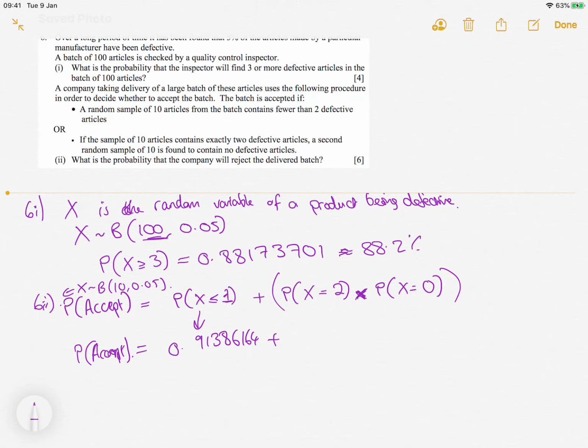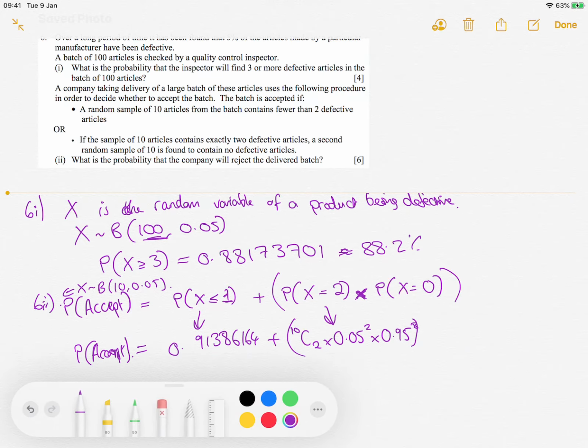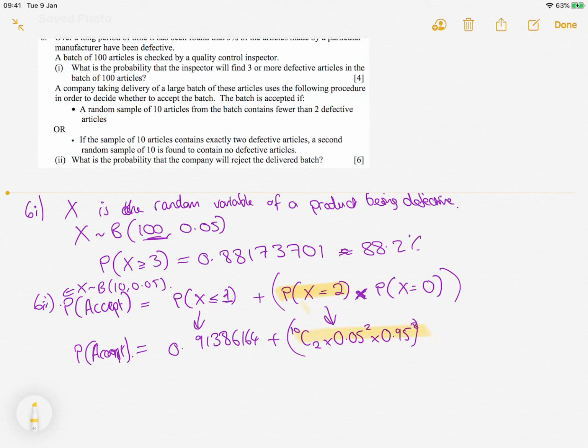So that would be nCr times the probability of a defective one, where that happens 2 times, times the rest of them being non-defective. So that's that probability. Let's just highlight that to make that clear. That relates to that.